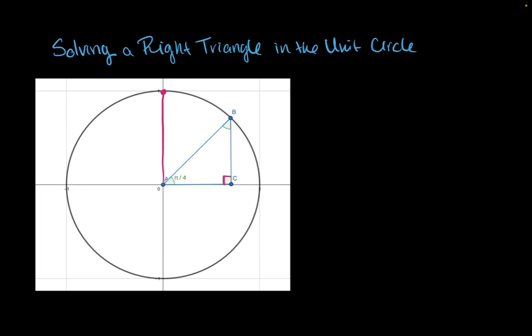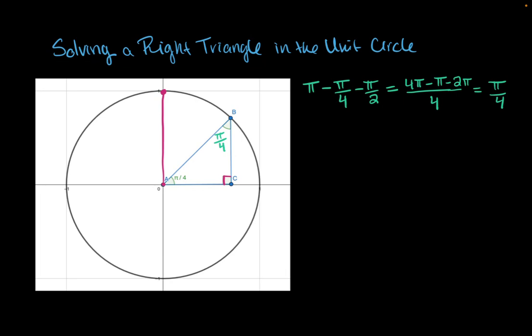I can simply take pi radians and subtract pi over 4 and pi over 2, the measures of the two angles that I do know, and that should be angle B. If I find a common denominator, I would have 4 pi over 4 minus 2 pi over 4, and I see that angle B, or angle ABC, is pi over 4 radians. So we found our angle measures, and now we want to look at finding our side lengths.